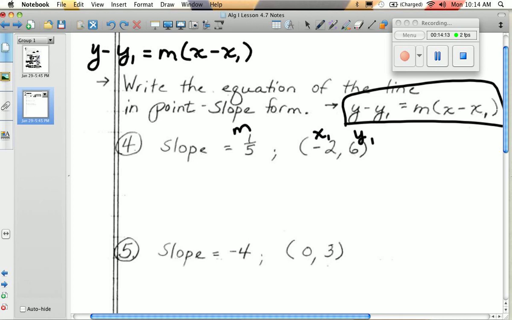We just have to substitute into our form and clean it up. So we have y minus, it's always going to start like that, y minus. And then we will subtract our y sub 1 value, which is 6. We will put our slope in for m. You'll always have this x in there. Subtract your x sub 1, which is negative 2.